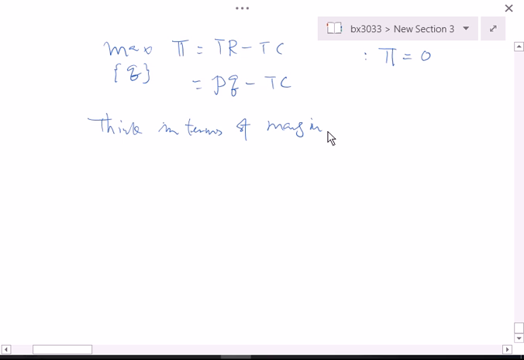First one is marginal cost, which, as we covered last week, is the extra cost that I need to pay if firms want to produce an extra 1 unit output.